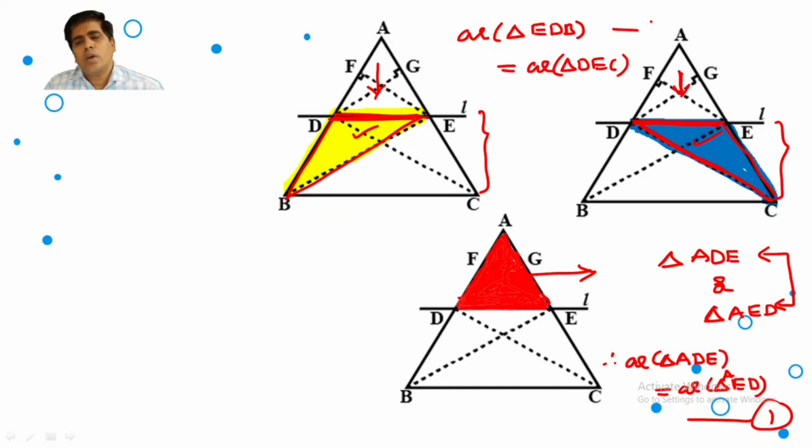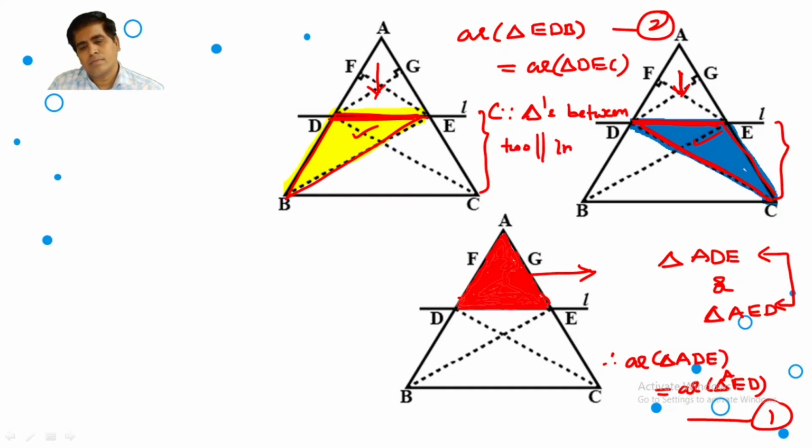These two triangles' areas are equal, since the reason is triangles between two parallel lines with the same base. By this reason, we can conclude that area of triangle EDB is equal to area of triangle DEC.